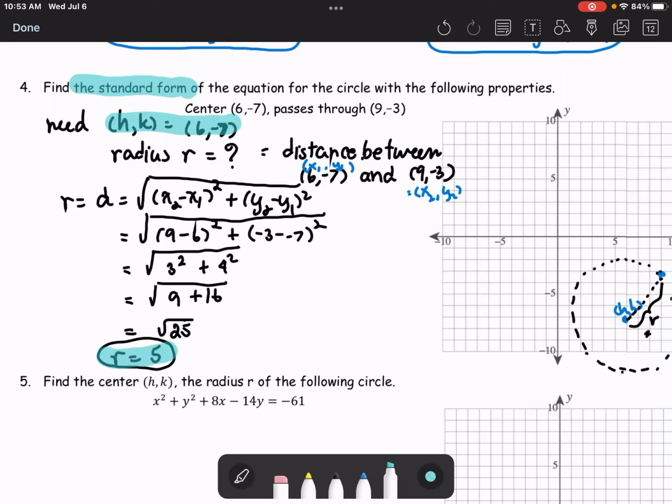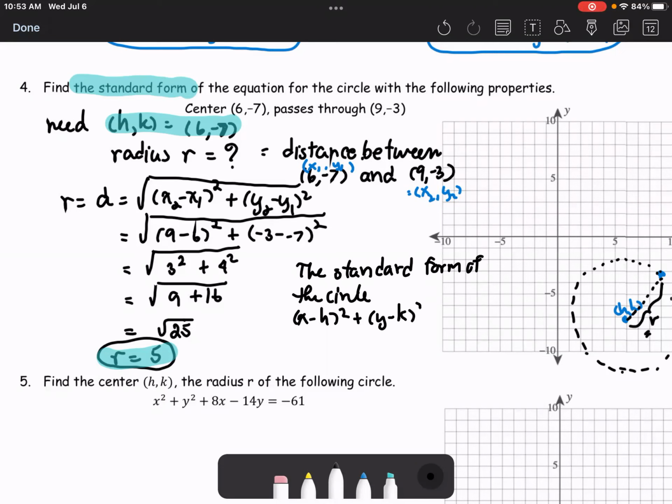Put them in the standard form of the circle, x minus h squared plus y minus k squared equals r squared, will be in the form of (x minus 6) squared plus (y minus negative 7) squared equals r squared, which is 5 squared.